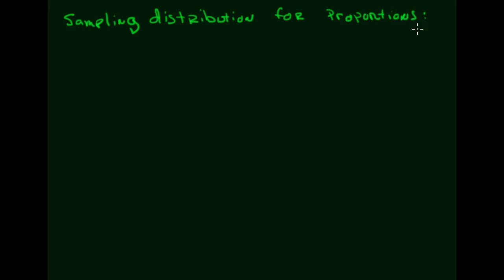Okay, so here's the situation. You have a population of size big N. You don't know how big that population is. You know that some p, little p, is the proportion of the population that has a certain characteristic.